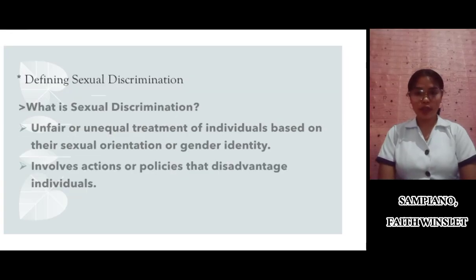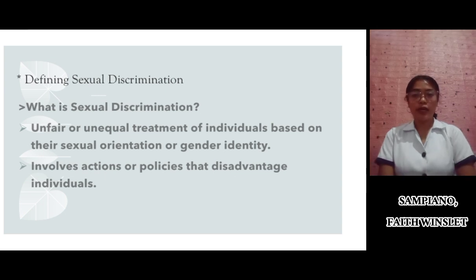Defining sexual discrimination. What is sexual discrimination? It is unfair or unequal treatment of individuals based on their sexual orientation or gender identity. It also involves actions or policies that disadvantage individuals. Sexual discrimination means treating someone unfairly just because of their sex or gender.